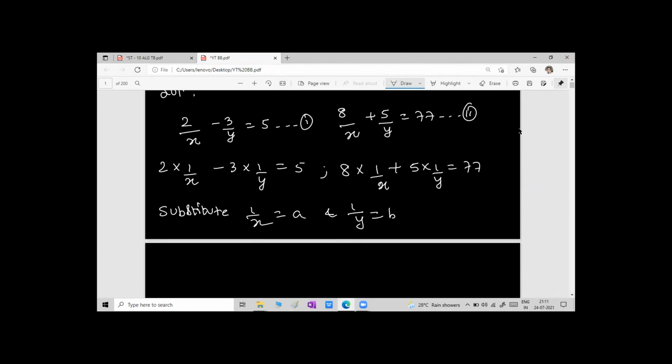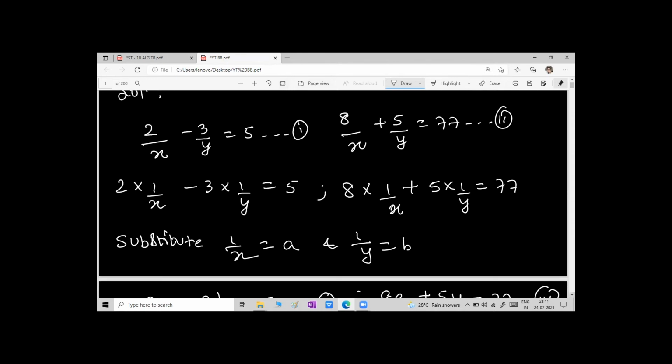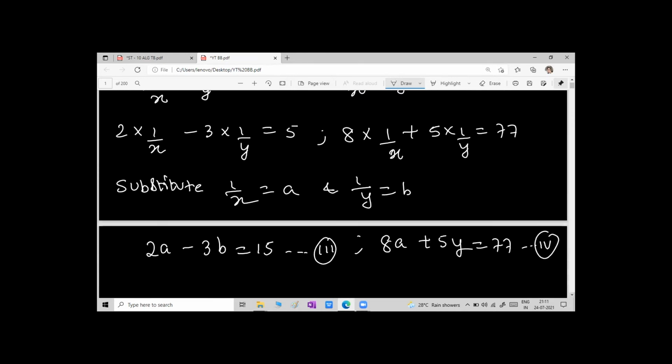So now what will be my equation? Look carefully. 2a, that is 1 upon x is a, so 2a minus 3b is equal to 5. Let this be my equation number 3. And 8a plus 5b is equal to 77. Let this be my equation number 4. Purposely I had zoomed out so that I can write that equation. Okay.